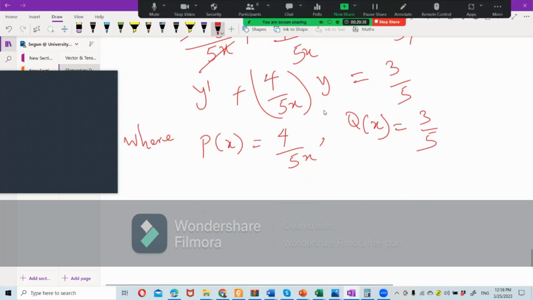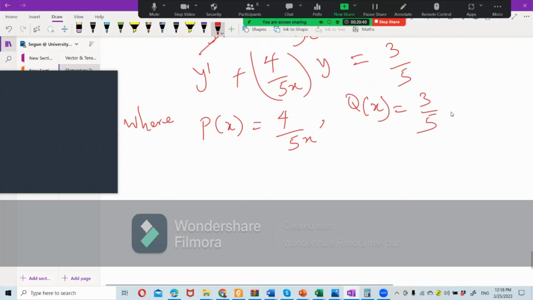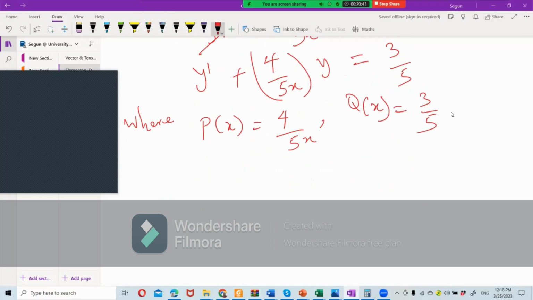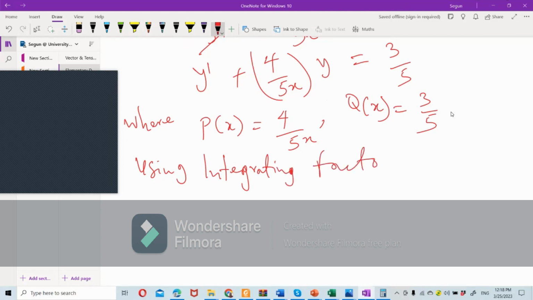Silence means no question. So don't forget, at this point, you introduce the integrating factor.